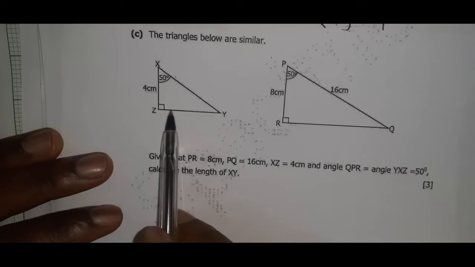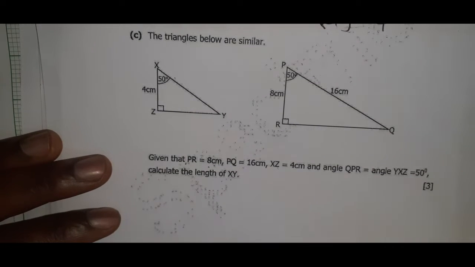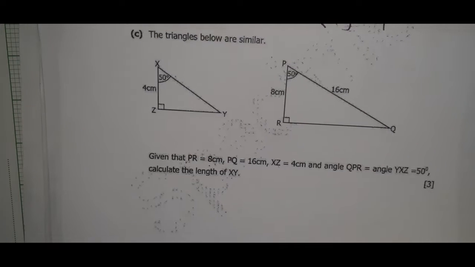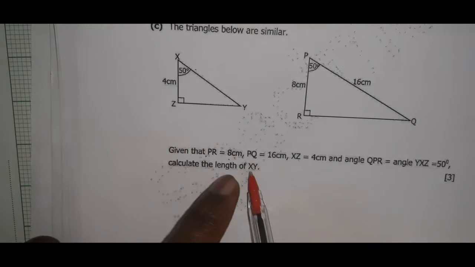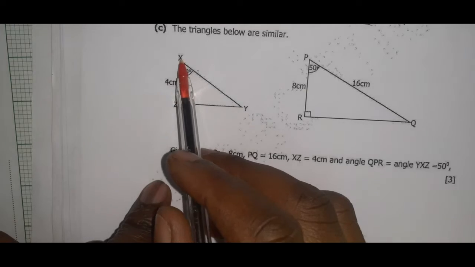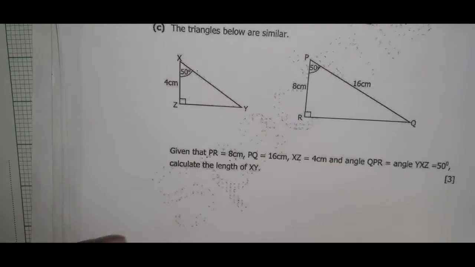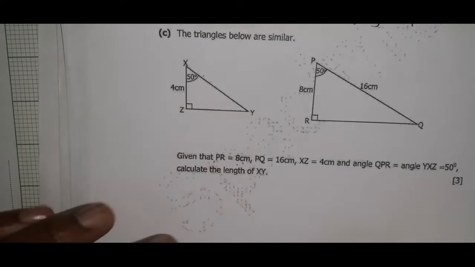Here we want to calculate the length of what? Oh, XY, calculate the length of XY. This is very simple. I thought they wanted ZY. XY, this is very simple.